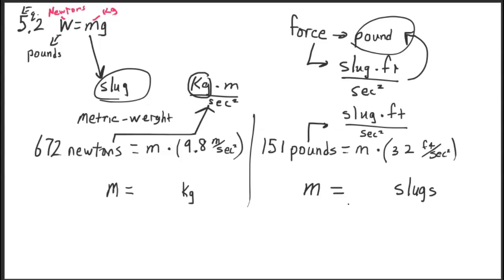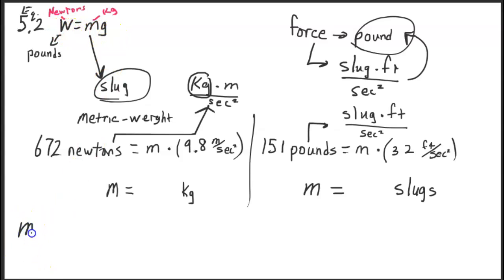Be careful about your algebra at this point, okay? Notice that in both cases, to solve, I need to divide the weight by the acceleration due to gravity, okay? Sometimes it can be helpful, rather than getting the numbers in and getting lost in all the numbers, right? That weight equals mass times gravity.